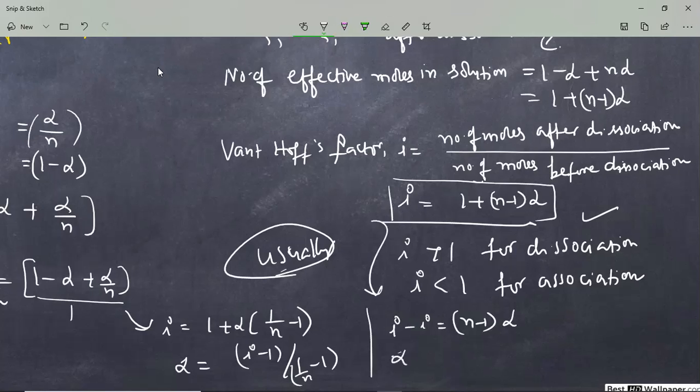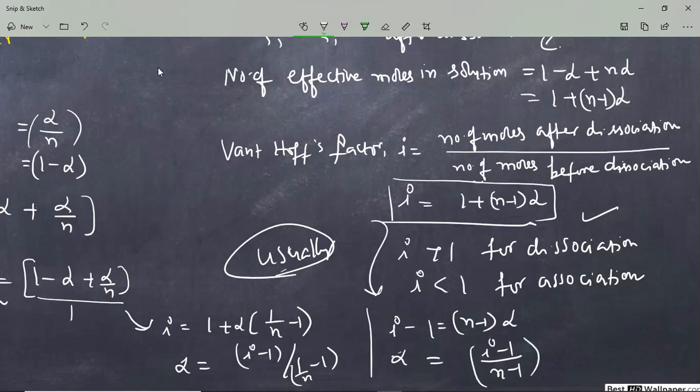For this, alpha is equal to (i minus 1) by (n minus 1).